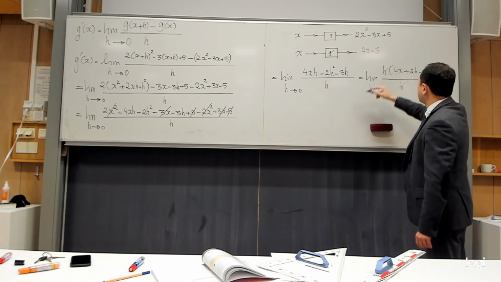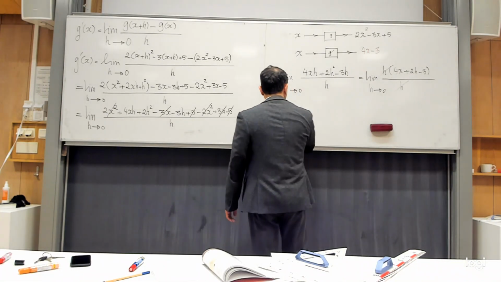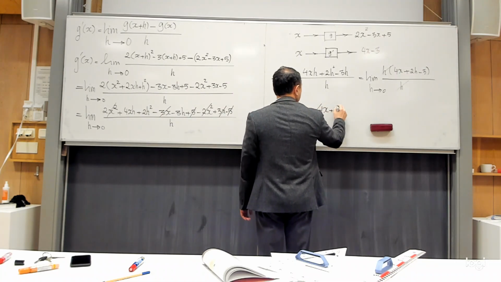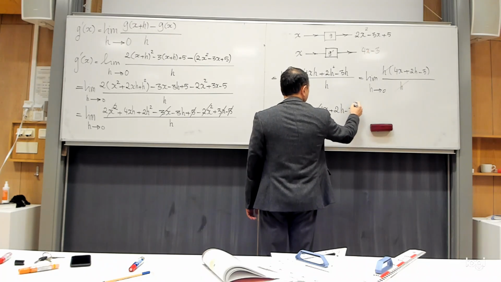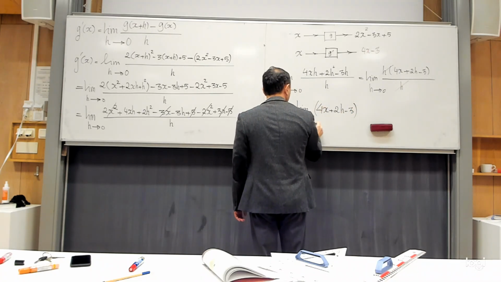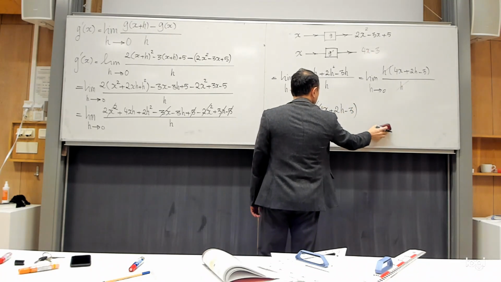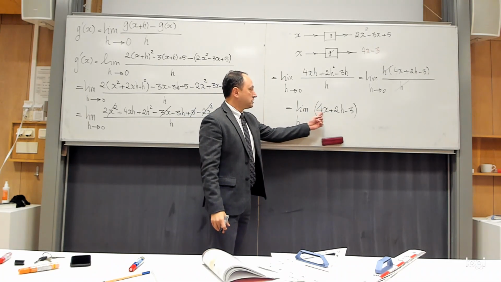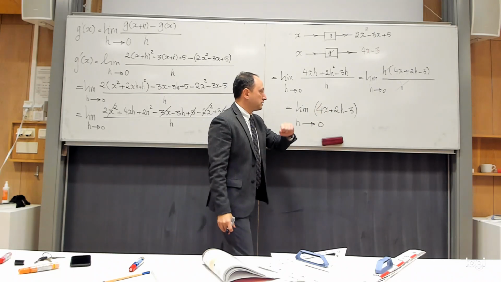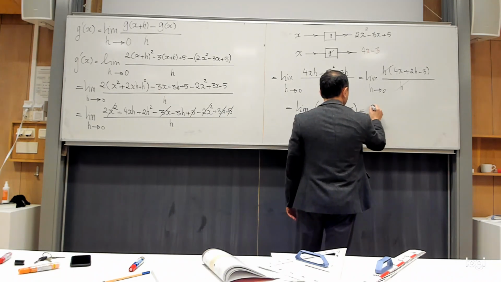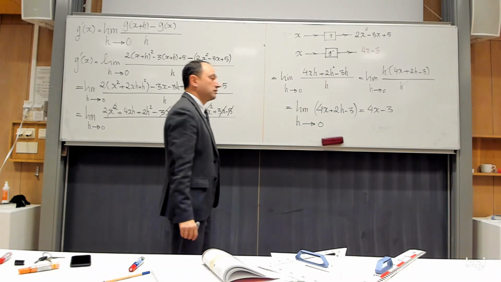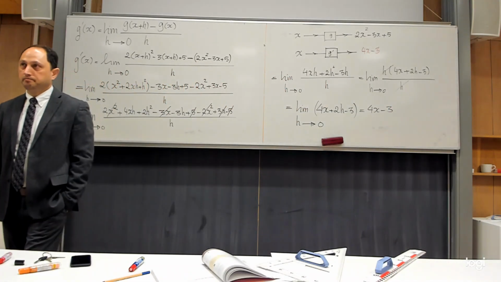This h and that h are cancelled, so then it becomes the limit of 4x plus 2h minus 3, and h goes to 0. So what the answer is, I have to send h to 0, so 4x is left and minus 3. So it becomes 4x minus 3, so what you provided as the answer is completely correct. So the answer is 4x minus 3.